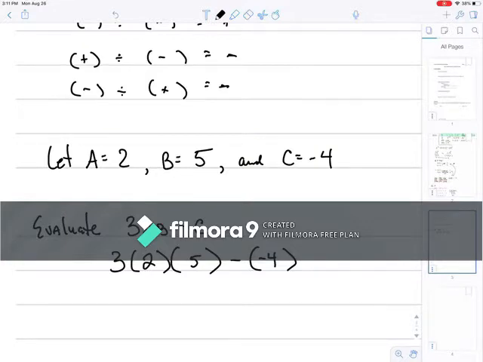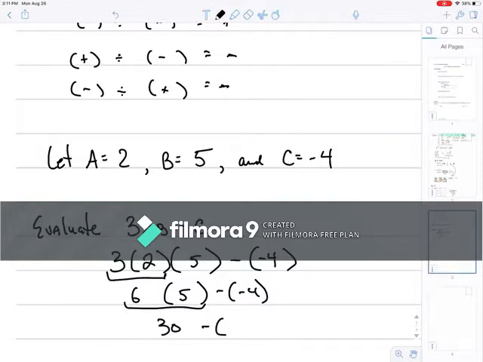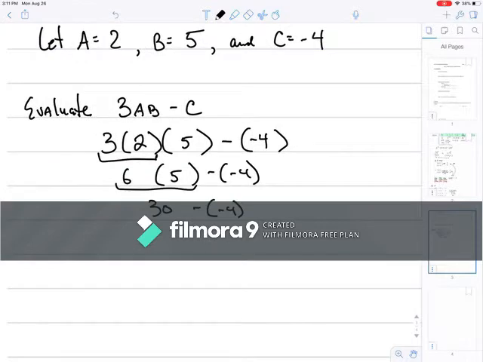And now I follow my order of operations. I see multiplication here, times 5 minus -4. I see multiplication again, minus -4. I rewrite the steps every time.